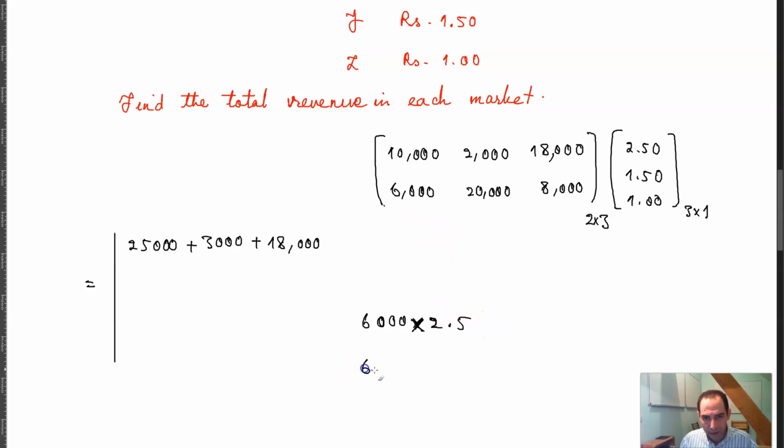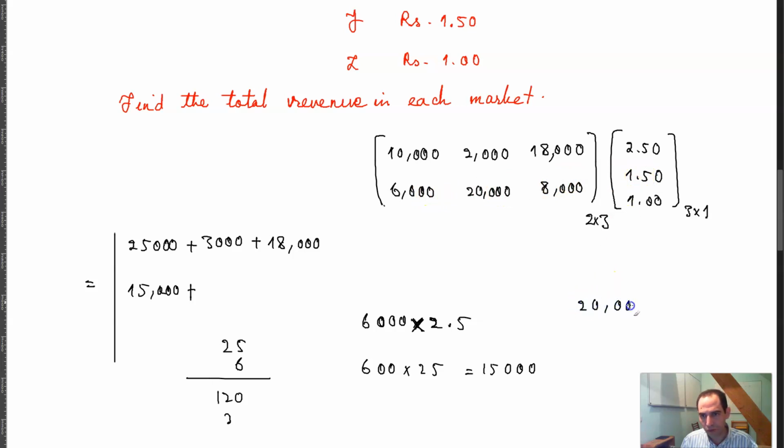So that's the same thing as 600 times 25, and 6 times 25 is equal to 25 times 6, which is 120, and 30, that's 150. 150, and you have 2 zeros over here, so you have 15,000. And then you have 20,000 times 1.5, which is the same thing as 2,000 times 15, which is the same thing as 30 and 4 zeros there.